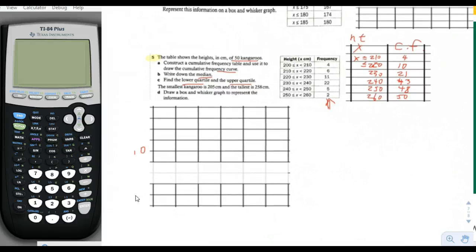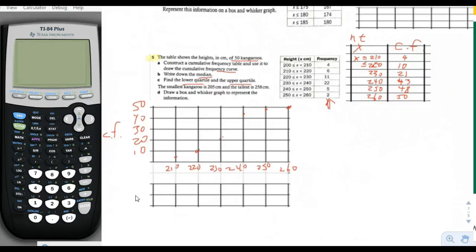So let's see, 10, 20, 30, 40, 50. This is the cumulative frequency. And on the bottom, we're going to put the heights, ranging from 210, 220, 230, 240, 250, and 260. 210, comma 4 would be about there. 220, comma 10, about there. 230, comma 21. 240, comma 43. 250, comma 48.